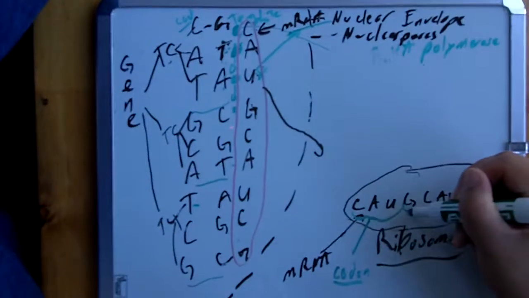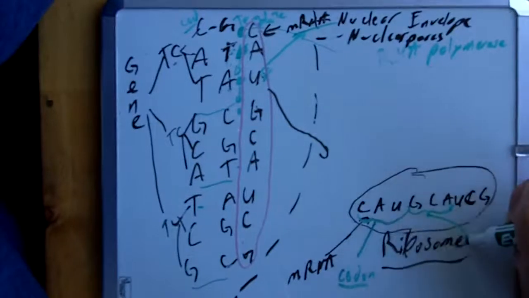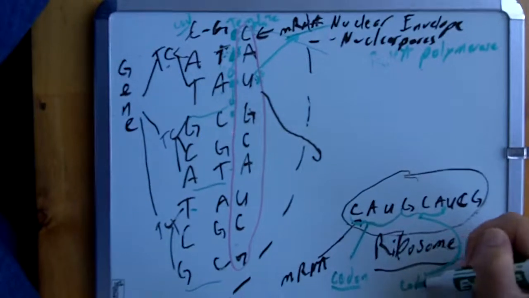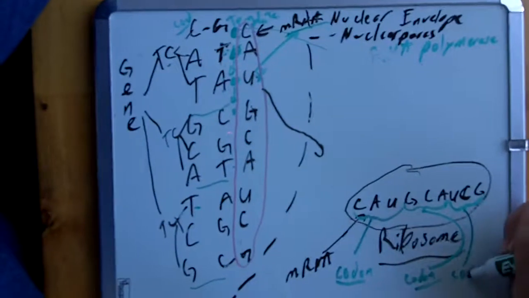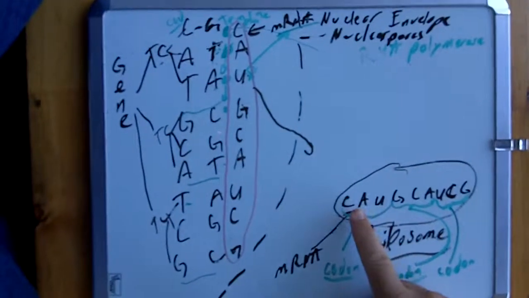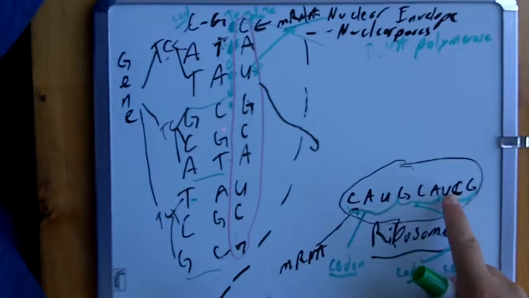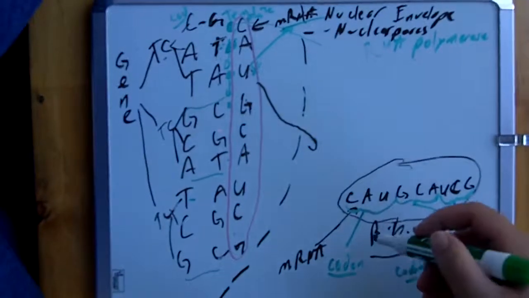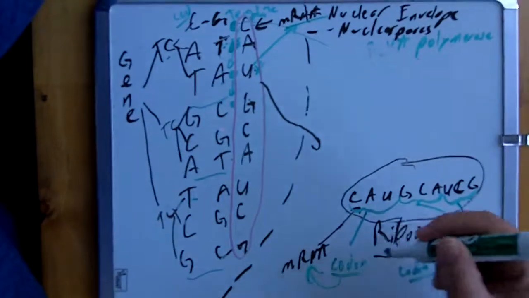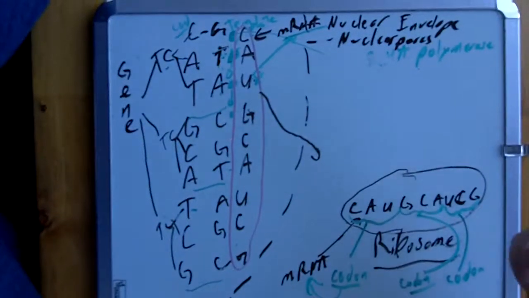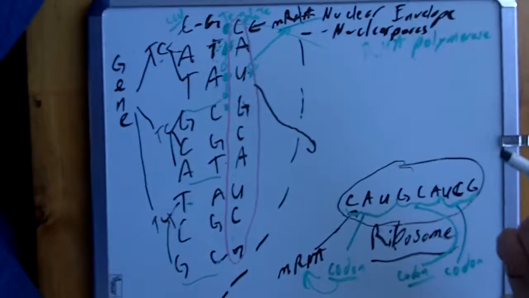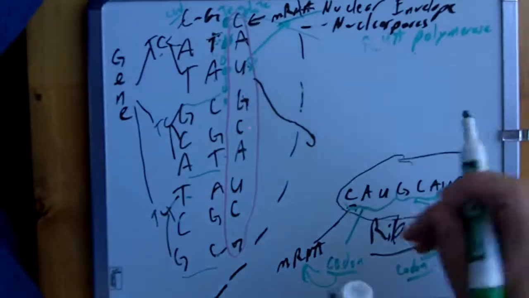GCA, which is the next one, is also a codon. And UCG is also a, guess what? Codon. So how many codons do we have? 1, 2, 3. And codons you only find in messenger RNA. So is messenger RNA going to be made of triplet codes or of codons? And the answer is codons.